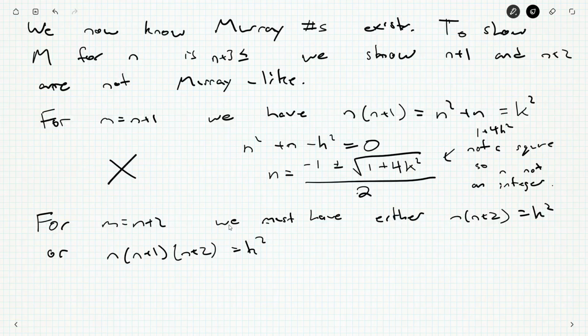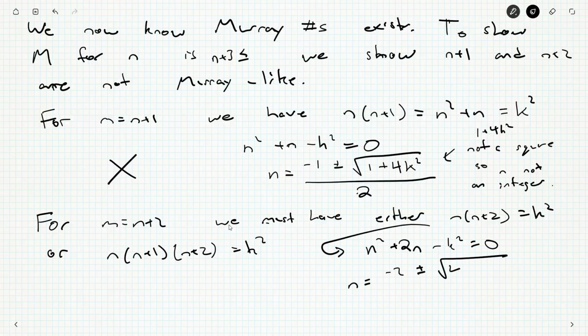In the meantime, let's take this one and expand it out. So n squared plus 2n minus k squared has got to be equal to 0. n is going to have to be negative 2 plus or minus square root of 4 plus 4ac. So there we go, all over 2 again. But this is 4 times 1 plus k squared.